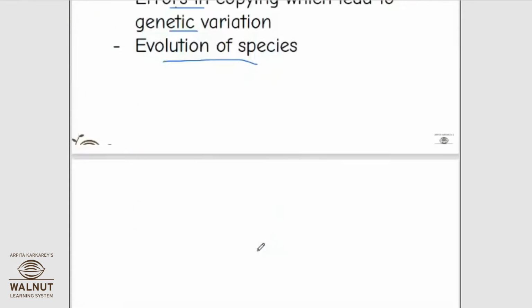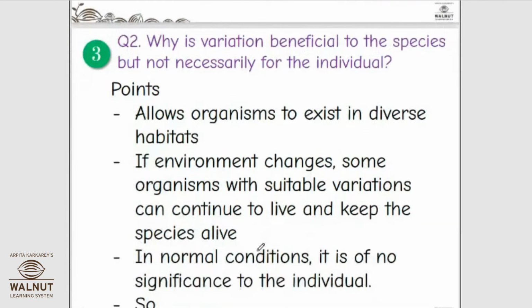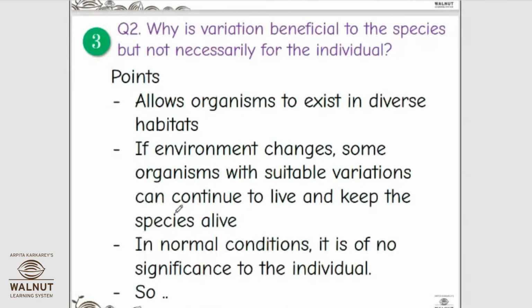Okay. The next question was, why is variation beneficial to the species but not necessary for the individual? It allows organisms to exist in diverse habitats. Yes, because if there is variation, meaning if there are some changes in the genes, it can easily adjust to a different habitat or different environment, different ecosystem, you can say.